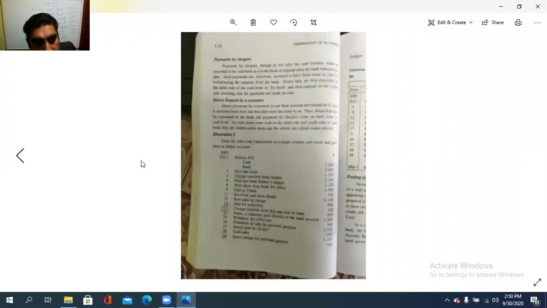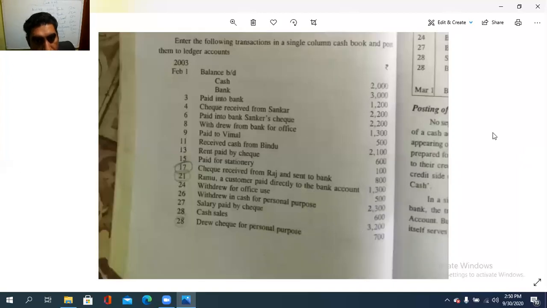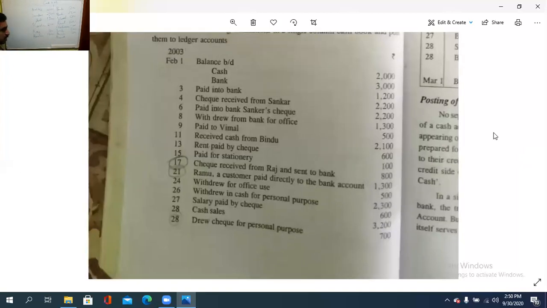Withdrew for office purpose, how much is the amount? 500. So cash account debtor to bank, 500. Then after that, withdrawing cash for personal purpose. That is drawings, 2,300.